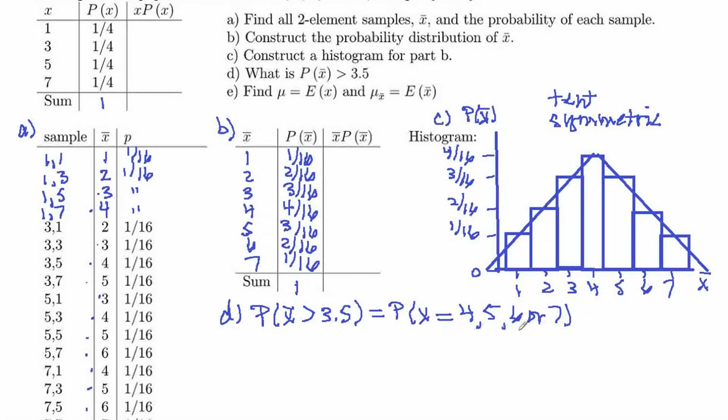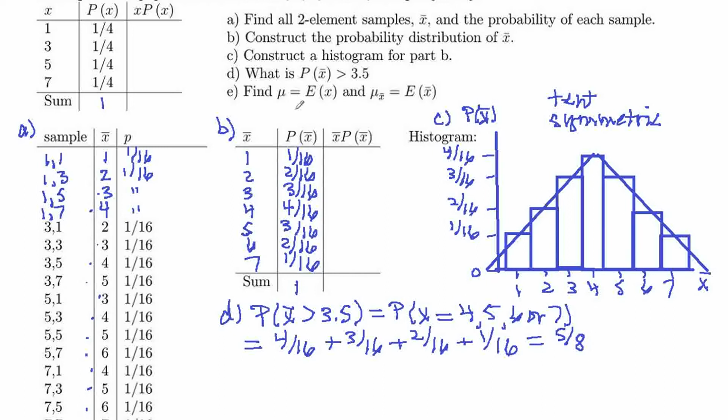For or probabilities, we're going to add together the probabilities. So 4, 5, 6, 7 is 4/16 plus 3/16 plus 2/16 plus 1/16. So let's see, 7, 8, 9, 10/16 or 5/8.